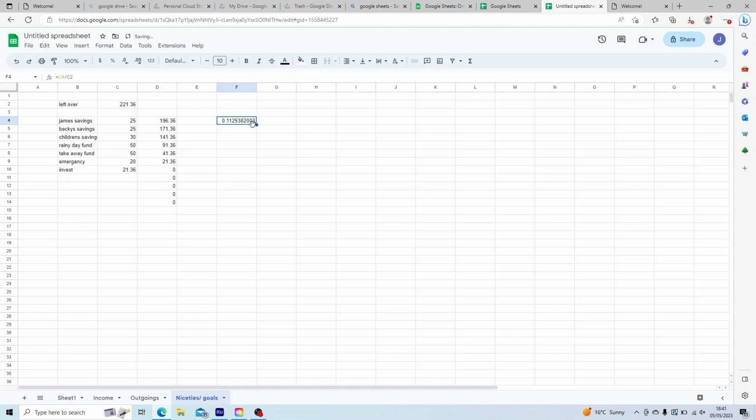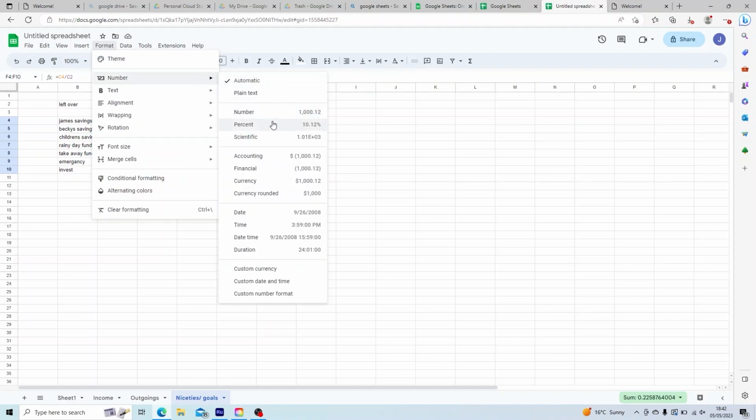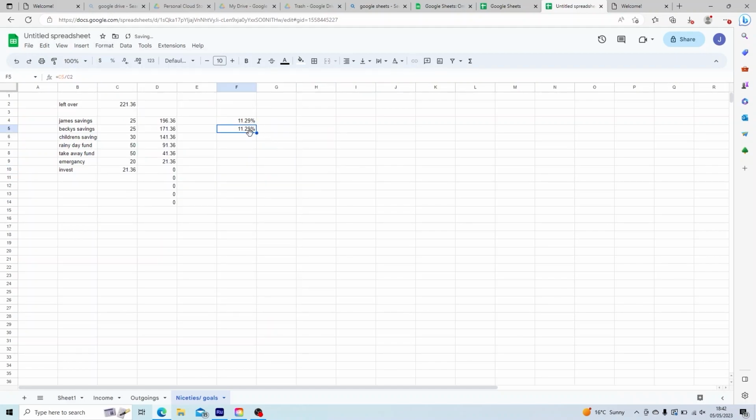For example, in relation to a takeaway fund, you could see how much as a percentage we're saving out of our leftover money to put into savings, and then that will help you be a bit more mindful, because you think if you're leftover money, you do what you like with it, but if you're trying to save money or tackle some debt, and the leftover money, you're putting half of that into takeaway, you might reevaluate that and think that's not the best use of that extra money.